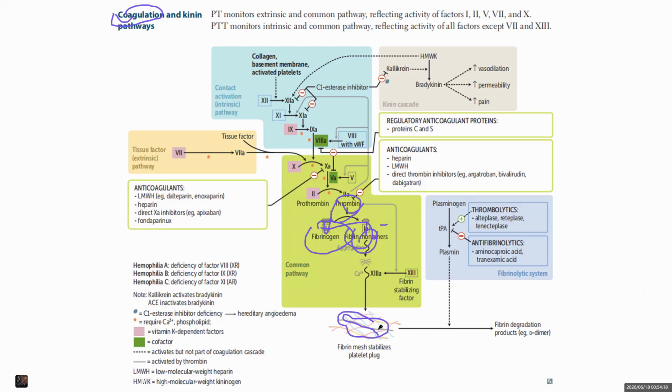Now we have to remember how these blood clots are broken down. This breakdown of the blood clot is done by the fibrinolytic system. Whenever you get an injury and it starts healing, everybody knows the process of healing.